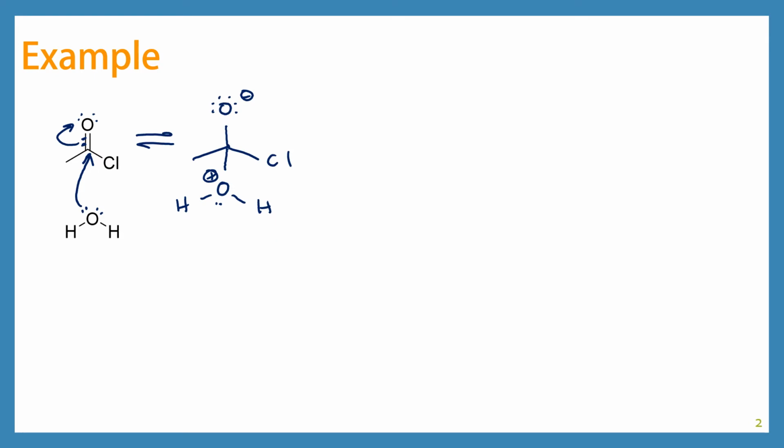This creates a tetrahedral intermediate in which we have a positive charge on the oxygen that just attacked the carbonyl carbon and a negative charge on the oxygen that received the electrons from the pi bond. Now in this next step, depending on what your leaving group is, you may do the two next steps in a different order, but in this particular reaction, we're going to reform the double bond and kick out chloride.